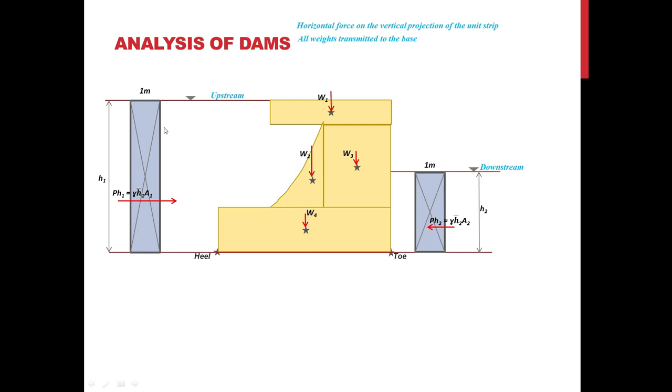So of course, similar procedure. We are going to project the liquid that is being carried by this dam up to the liquid surface. So in here, we have a rectangular shape. So this rectangular shape has its center of gravity, wherein the weight of water is also located. Say this is W5.